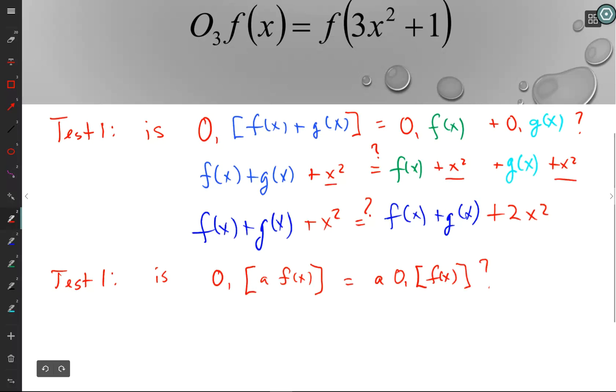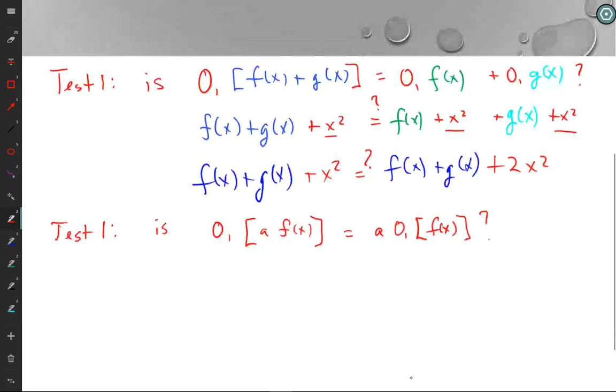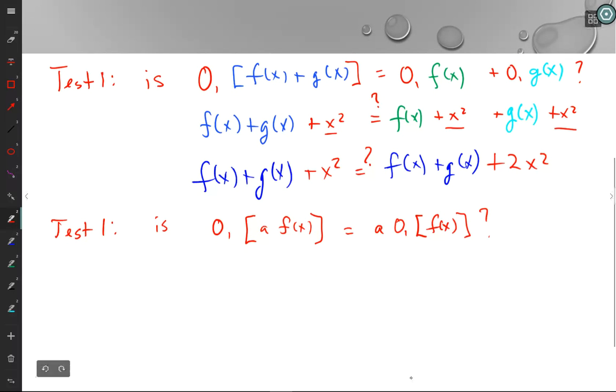For the second test, I'm saying if I put a constant in front of my function, is that going to be the same as if I had the constant out front? To do the test, I would have O1 acting on A f of x is going to give me whatever is inside of the brackets. That's A f of x plus x squared.